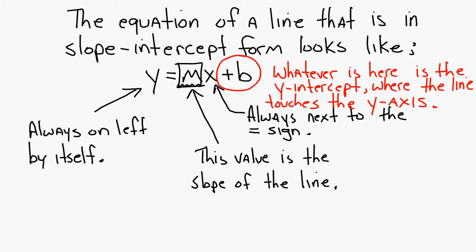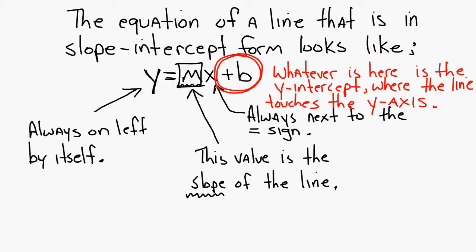So when you break all of this down, what you've really got is the letter y on the left and an equal sign. Whatever's between the equal sign and the x is the slope of the line. Whatever's to the right of the x is the y-intercept, which is where the line touches the y-axis.